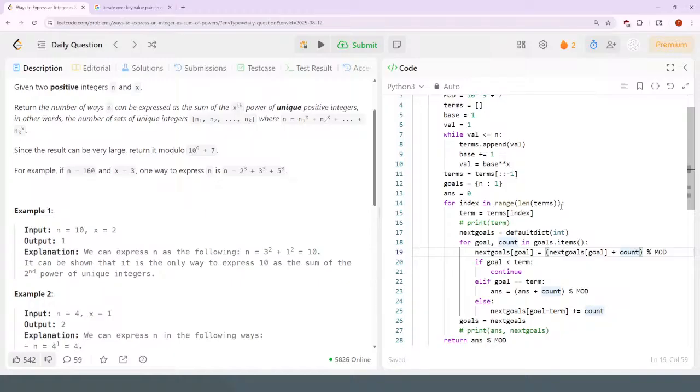Pretty sure I want a default dictionary, so that's easy. Actually, maybe I just want an array.